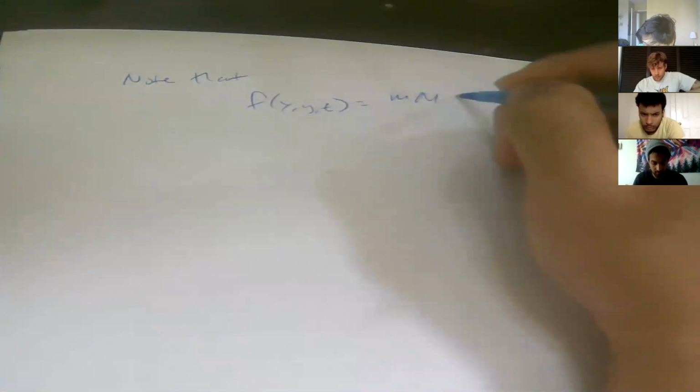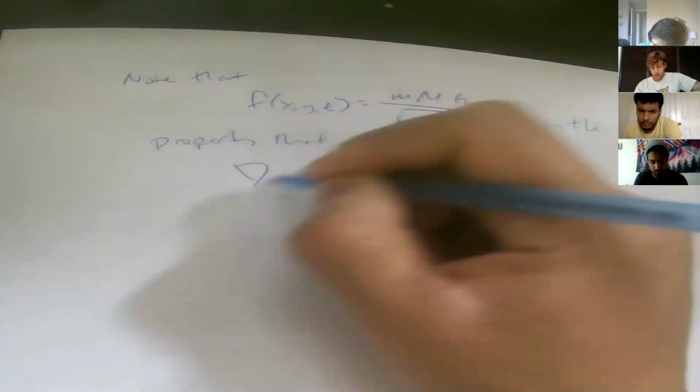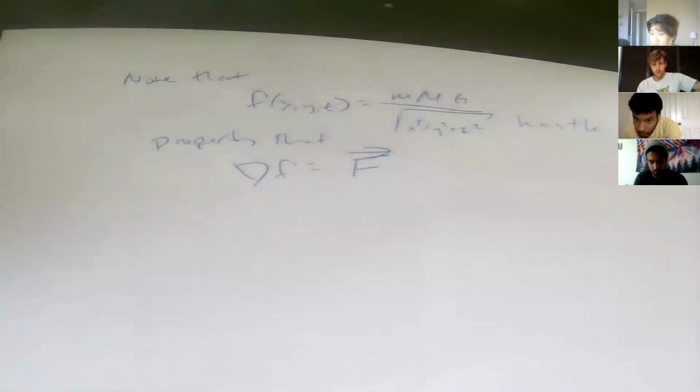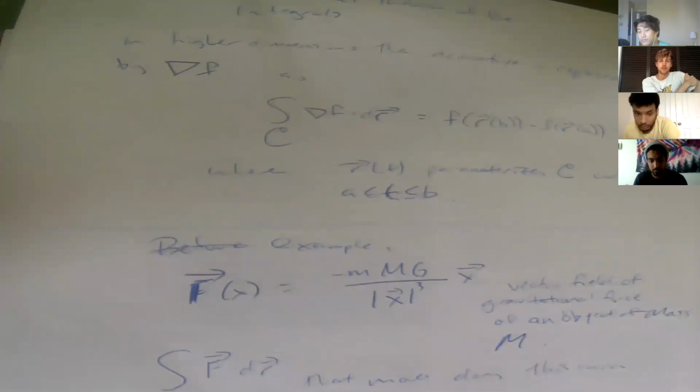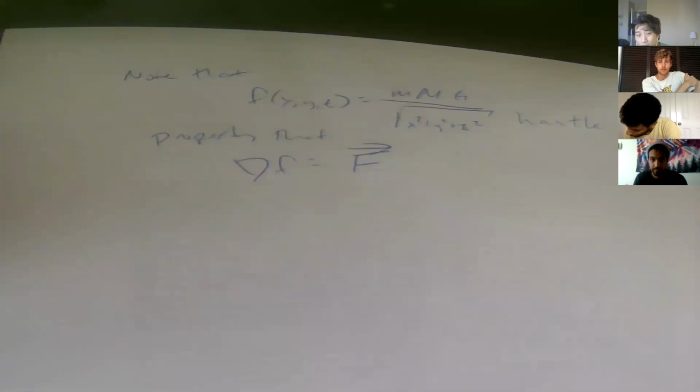So note that f of x, y, z equals m capital G times the square root of x squared plus y squared plus z squared has the property that gradient of f is F. So you can go compute this if you like, but if you take the gradient of this, you're going to get this field right here. Okay? Does that make sense?